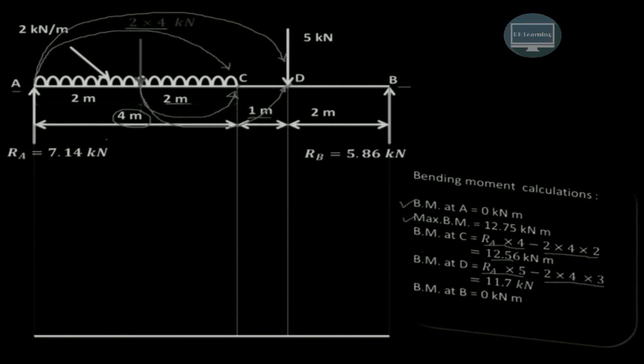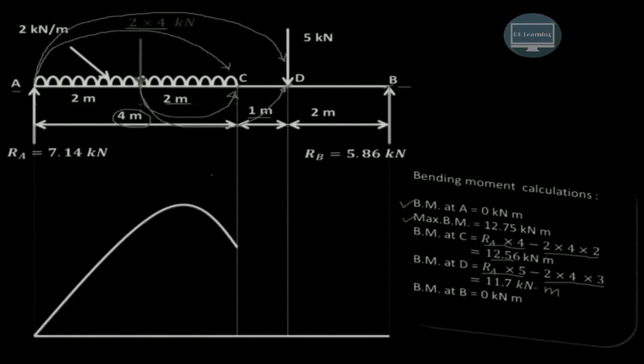So 2 into 4 into 3, and it is anti-clockwise, therefore it is negative. So that is 11.7 kilonewton meter. And the bending moment at point B is 0. Bending moment at A is 0.